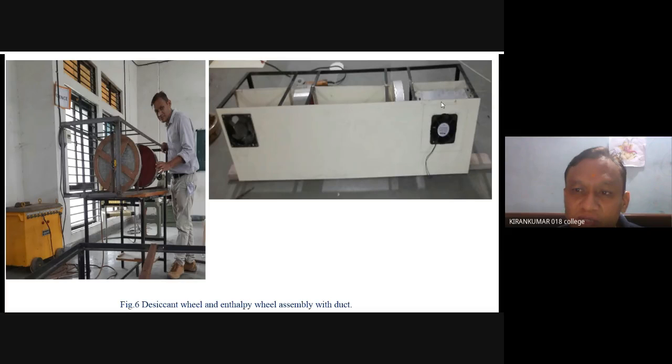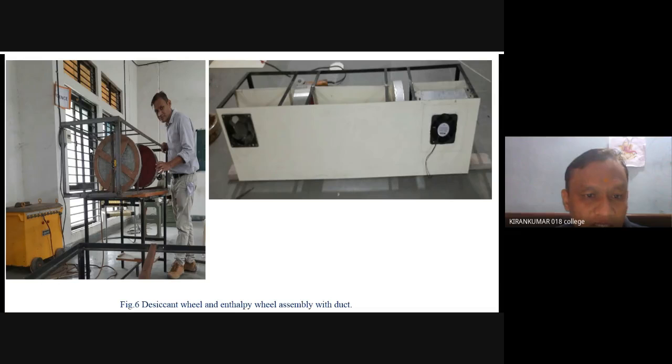Then it passes over the evaporating coil over here, which cools the air before it enters the room. On the back side of this channel section is the regeneration section, where I mounted the heater as well as the suction and exhaust fan for regeneration.